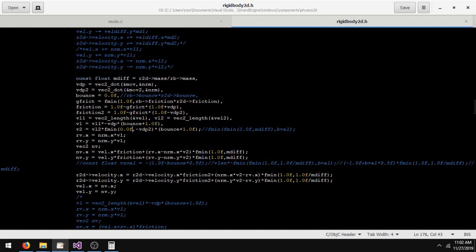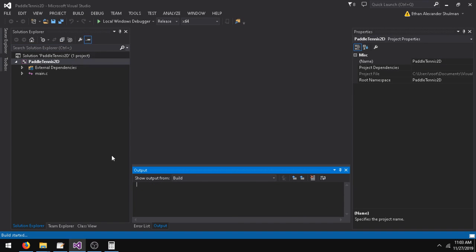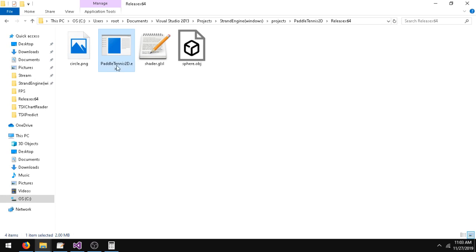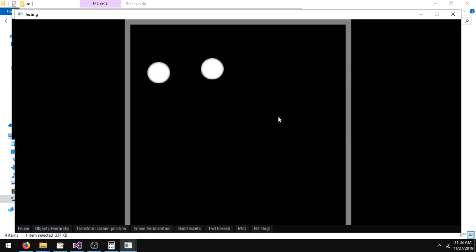I'm also wondering what I can do to this dot product here, to either fix it or see if removing the clamp makes this any worse. Oh yeah, I think it just got faster there.